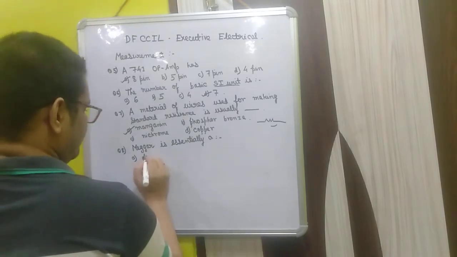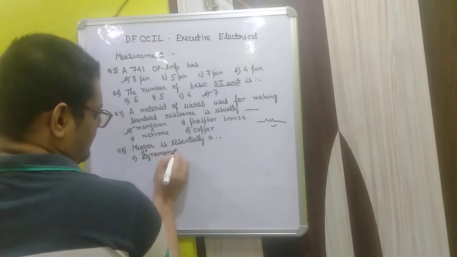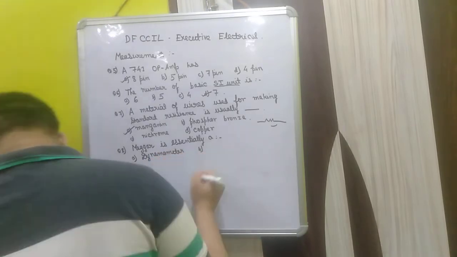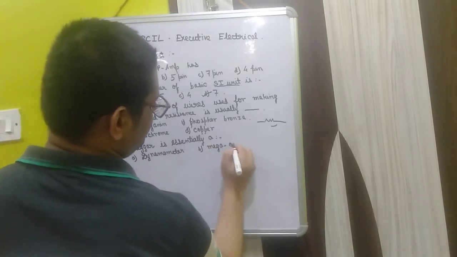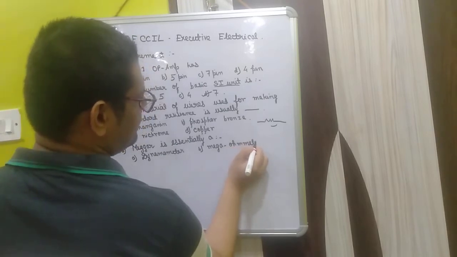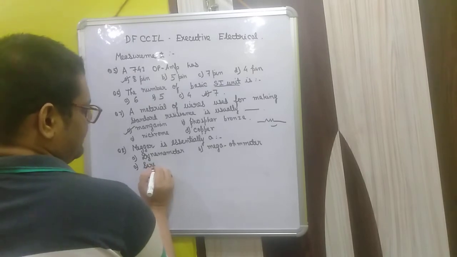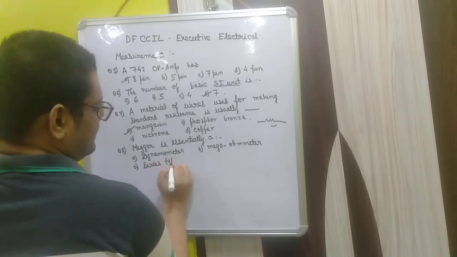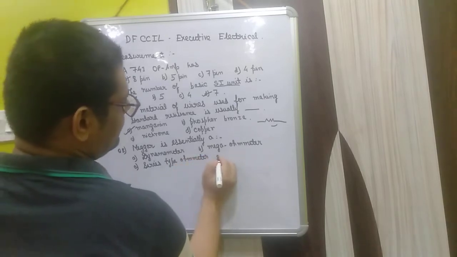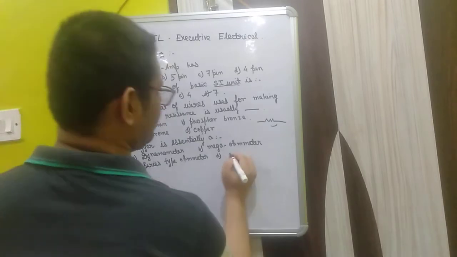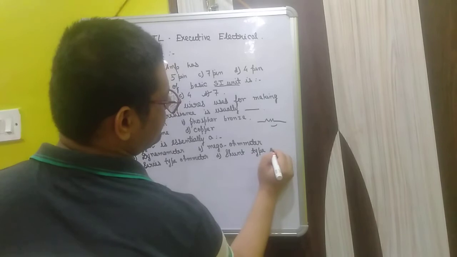That is dynamometer, then option B is given as mega ohm meter, then option C is given as series type ohm meter, and option D, that is the shunt type ohm meter.